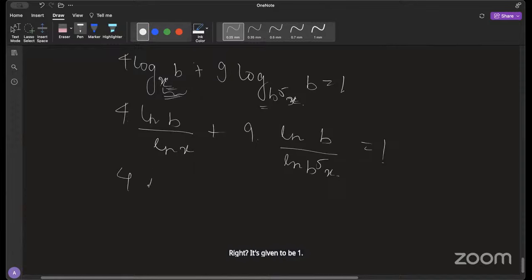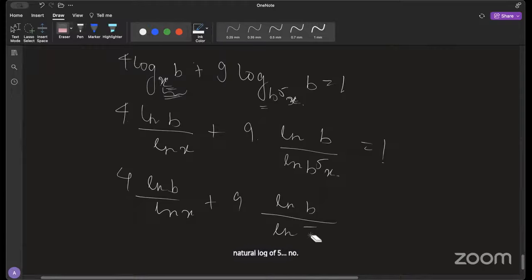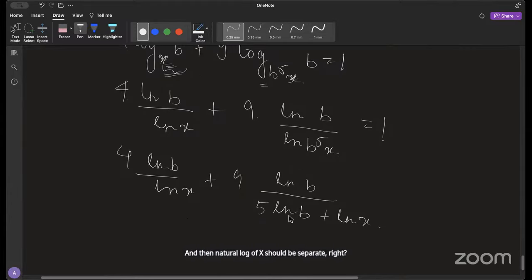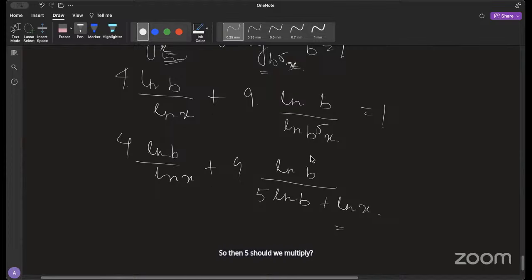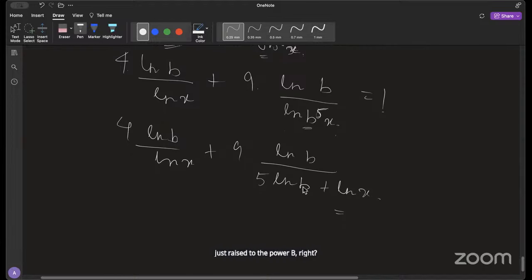You solve this, you will get 4 natural log of b, natural log x, plus 9 natural log of b, natural log of 5bx. 5 is outside of ln. 5 ln bx, but 5 b and natural log of x should be separate, right? So then 5 should be multiplied by both. Should it be multiplied to both? Ma'am, it's raised to the power b, right? Not to the power x. So you should take it this way.